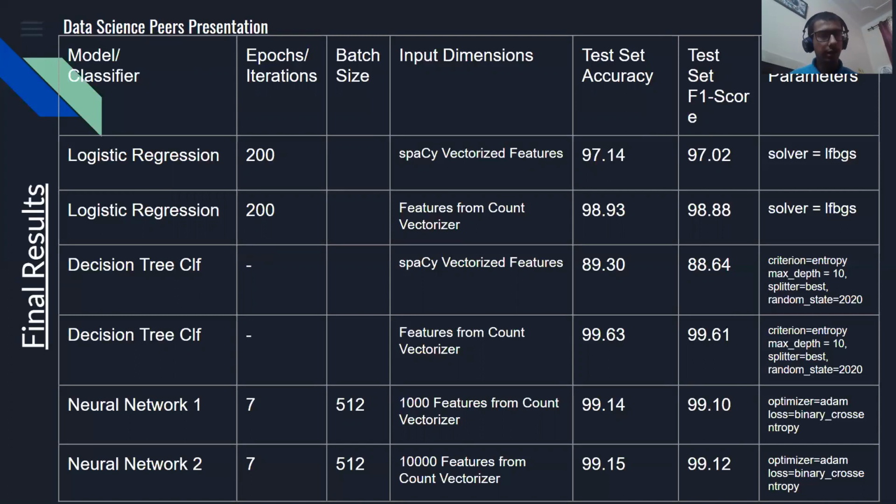While the solver, I have kept it to LBFGS, and everything is kept similar in the second one as well, but the input dimensions are changed here, and the features from the CountVectorizer are passed on to the model. The same goes for the decision tree classifier.